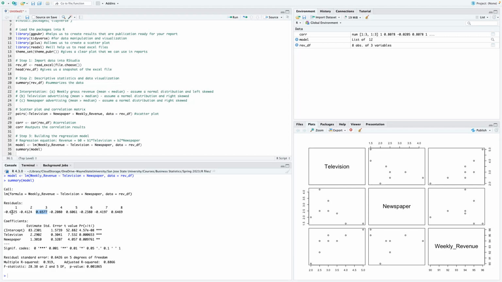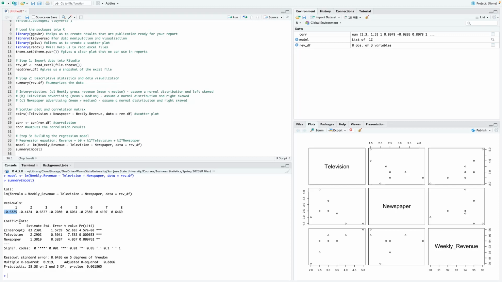And for the -1, it means that the predicted value was higher than the observed value. So the residuals are key, because they help us diagnose the fit of our model and understand whether the model is under or overestimating the actual value.